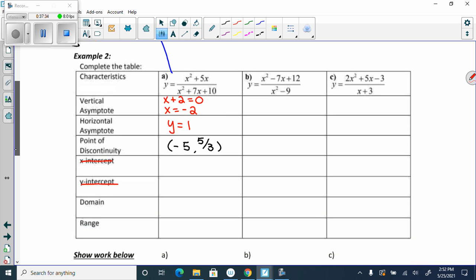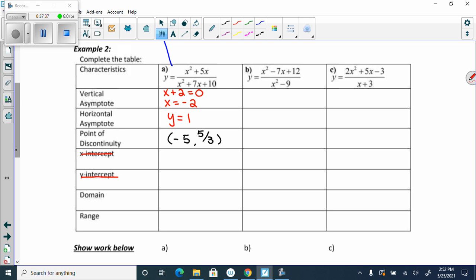So people will fill that incorrectly and then mess up the domain and range. My domain is where my x's don't exist. So people will say x can't equal negative 2, which is true, but there's more that don't exist. This also is an x and a y that don't exist, right? It's an open dot. So my domain is going to be x such that x cannot equal my vertical asymptote, which is negative 2, and my x of the point of discontinuity, which is negative 5.